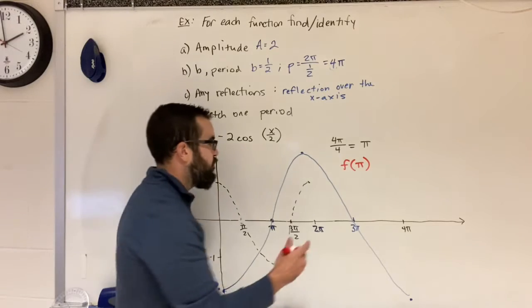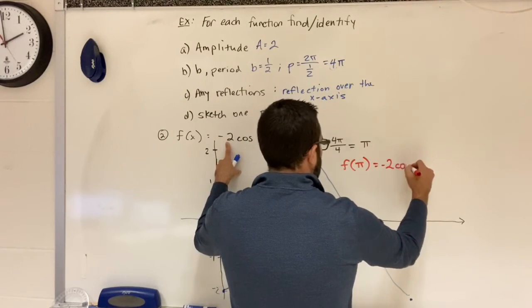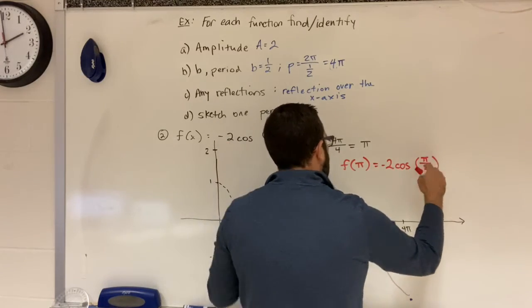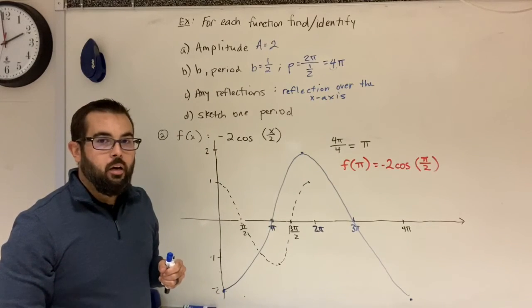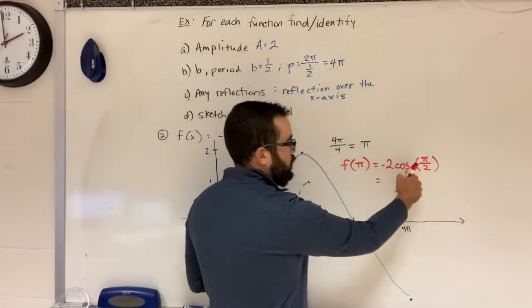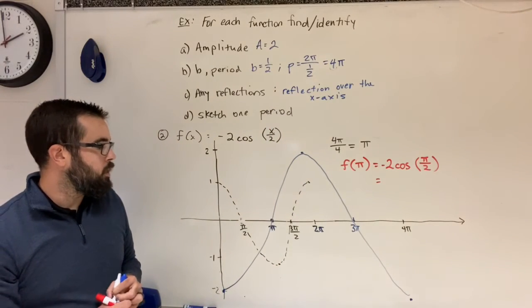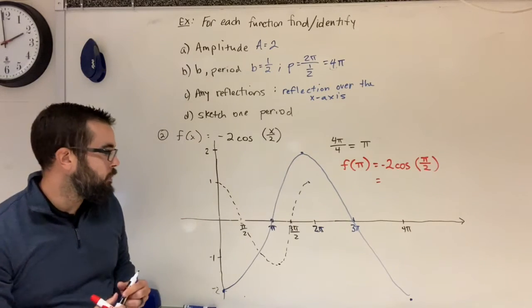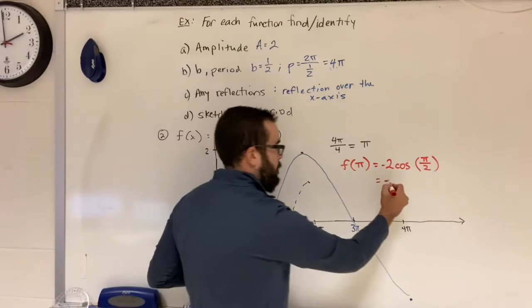All right, so f of pi would be -2 times cosine of pi divided by 2. There's the substitution I made. All right, so we need to evaluate cosine of pi over 2. So the cosine of pi over 2, well, there's a couple different ways to do this. Cosine of pi over 2 is right here. It's 0.